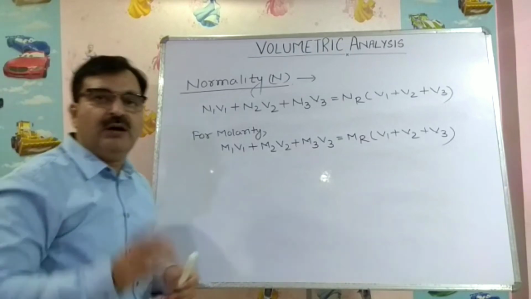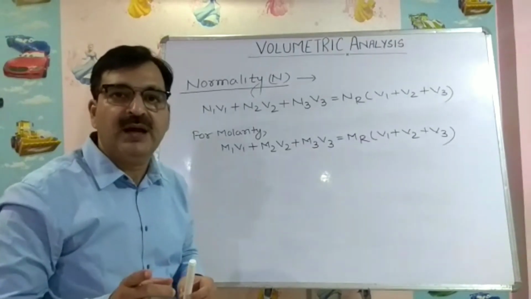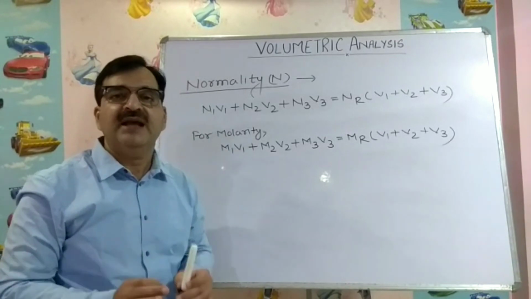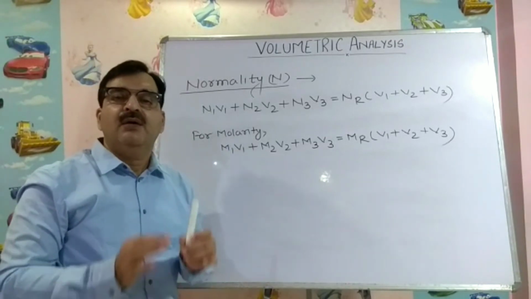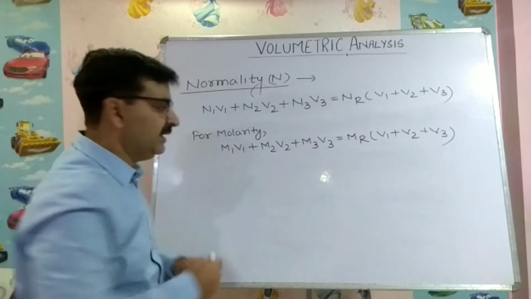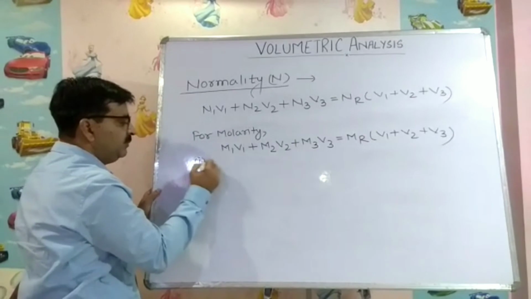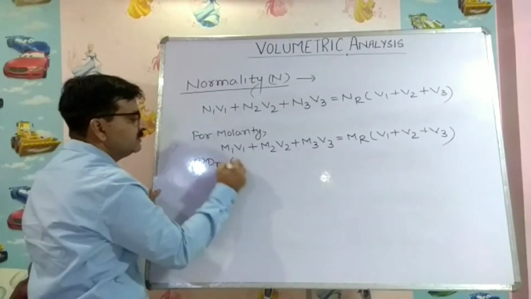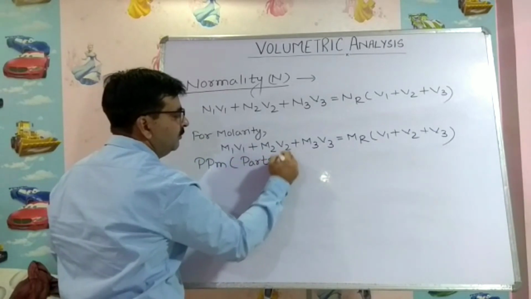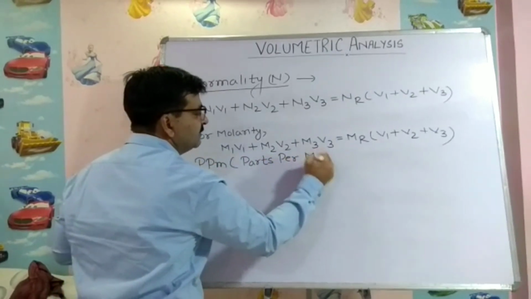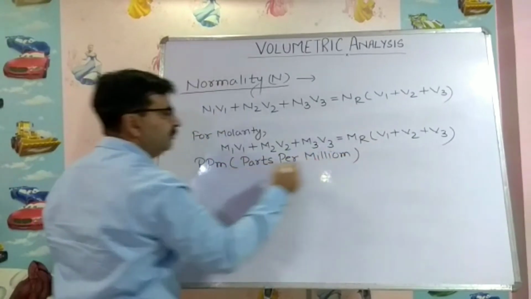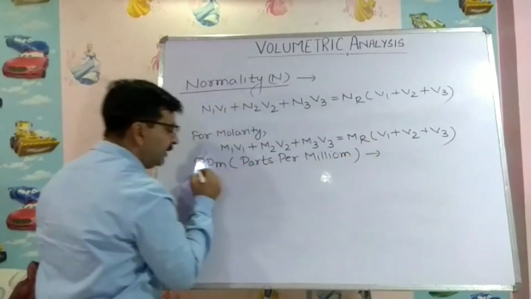Now after this, we have one more term. If the solute is present in trace amount, as we calculate the pollution in air, that is in terms of ppm, parts per million. That is parts of the solute or component present in per million parts of the solution.